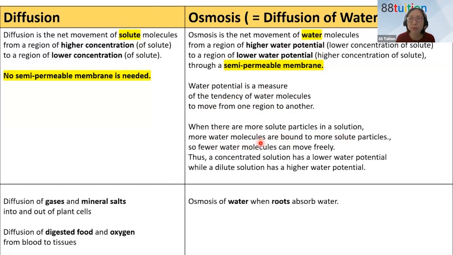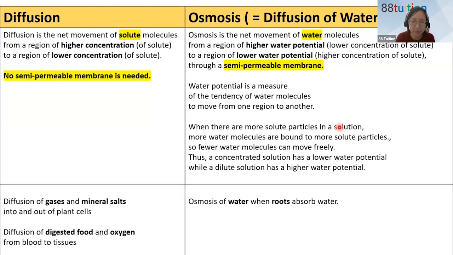You don't use the word stuck; it's bound, it's bonded. Therefore, there will be fewer water molecules moving freely. In other words, if your solution is very sweet, with a lot of sugar dissolved in the water, your solution is a concentrated solution, very sweet, like Ribena.